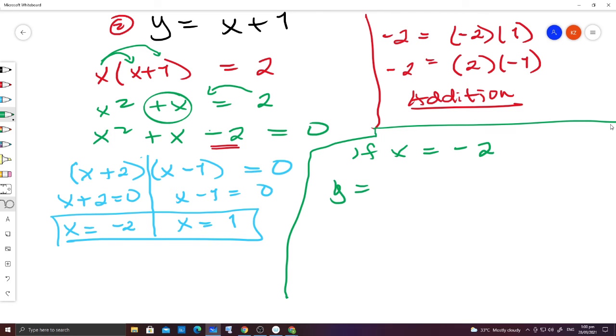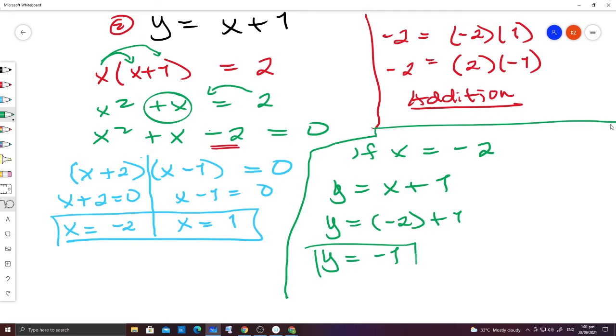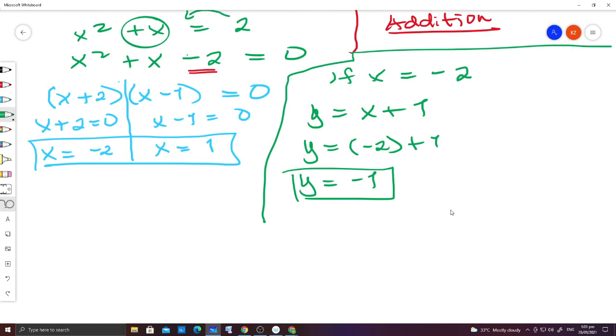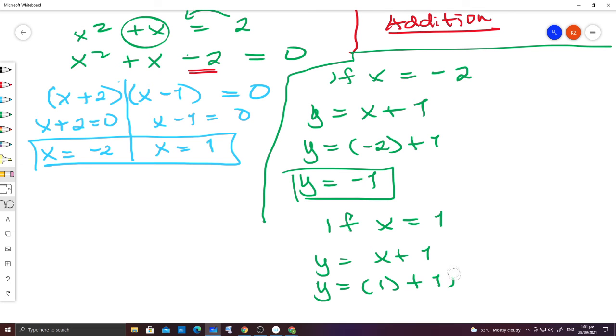So y equals x plus 1, y equals -2 plus 1. So y is equal to -1. And the next one, if x is equal to 1, y equals 1 plus 1. So y is equal to 2.